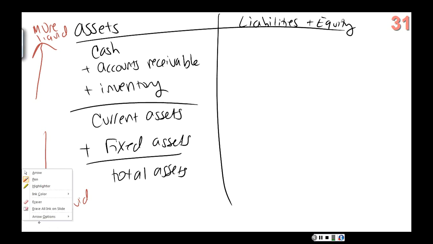On the liabilities and equity side, things are listed from short term to long term.